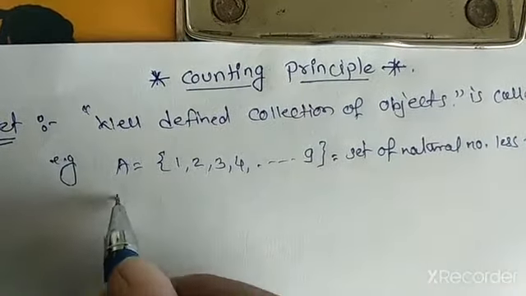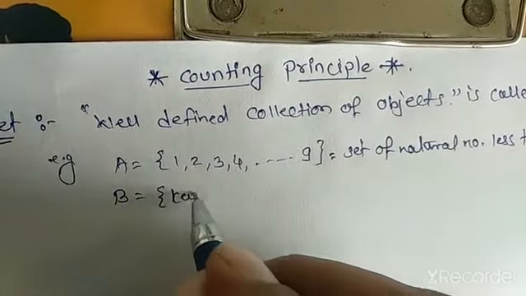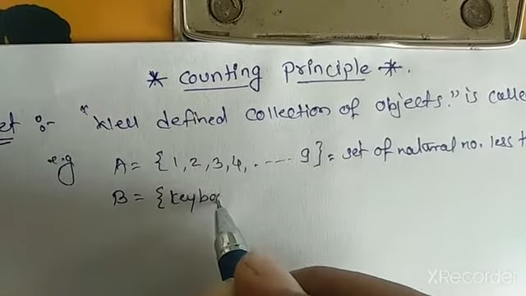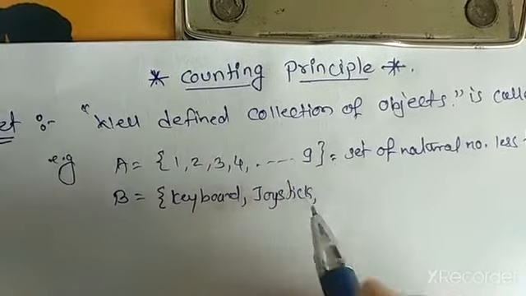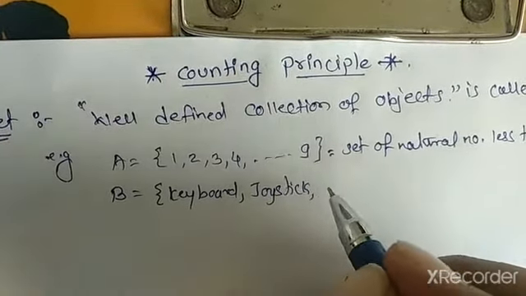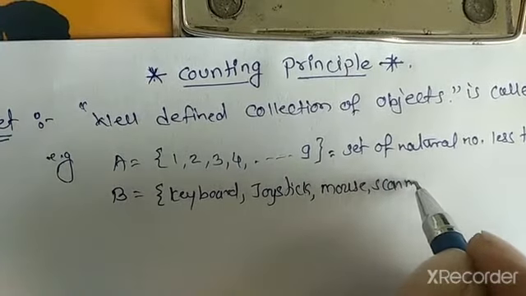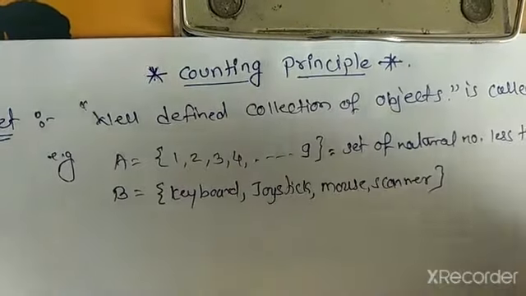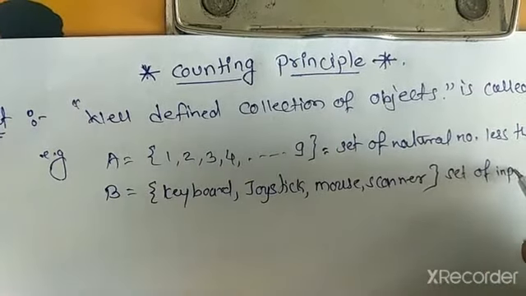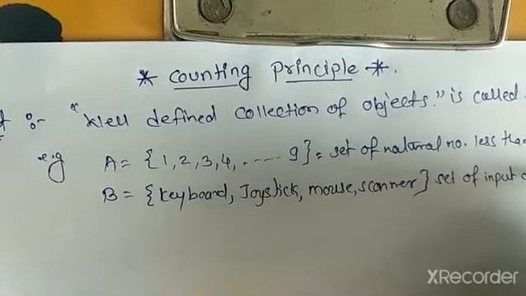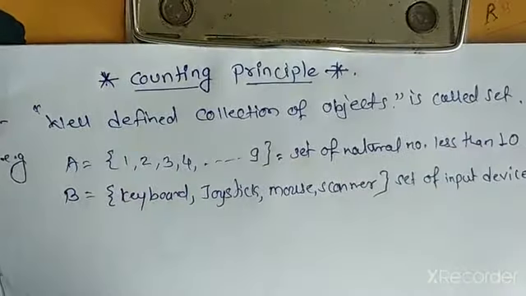Or you may also define a set B equal to keyboard, joystick, mouse, scanner, which is a set of input devices.